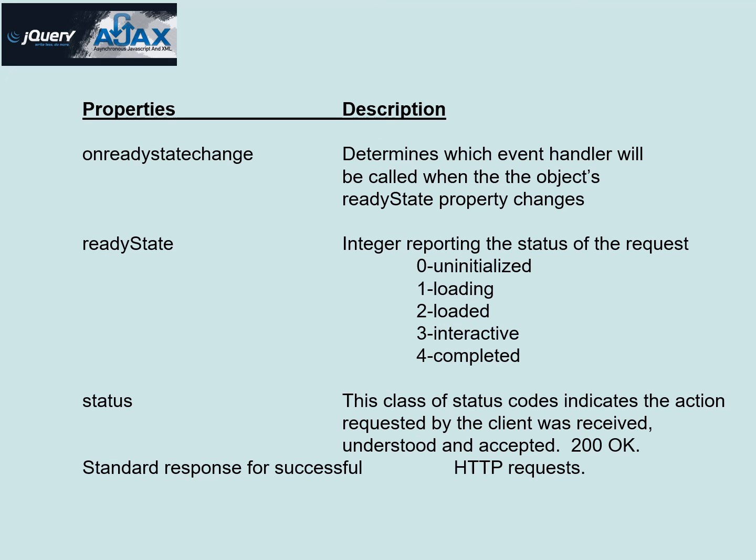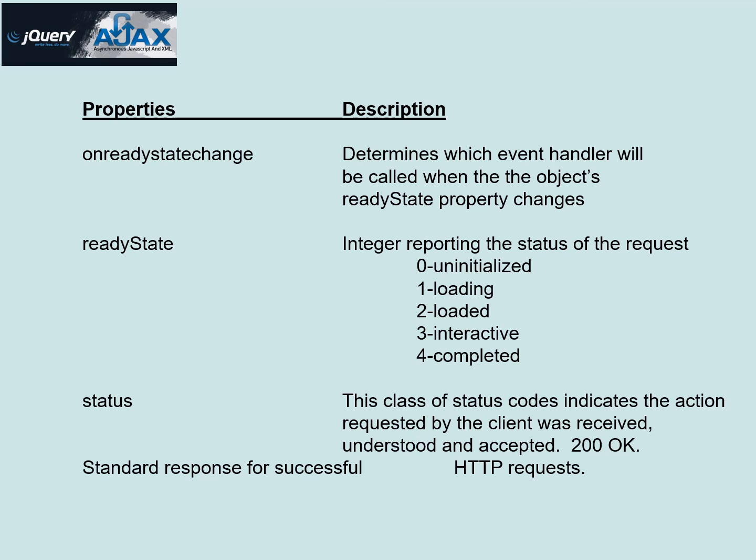These are some of the methods associated with this HTTP object. The onreadystatechange property determines which event handler will be called when the object's readyState property changes. Then readyState represents an integer reporting the status of the request: 0 means uninitialized, 1 means loading, 2 means loaded, 3 means interactive, and 4 means completed.